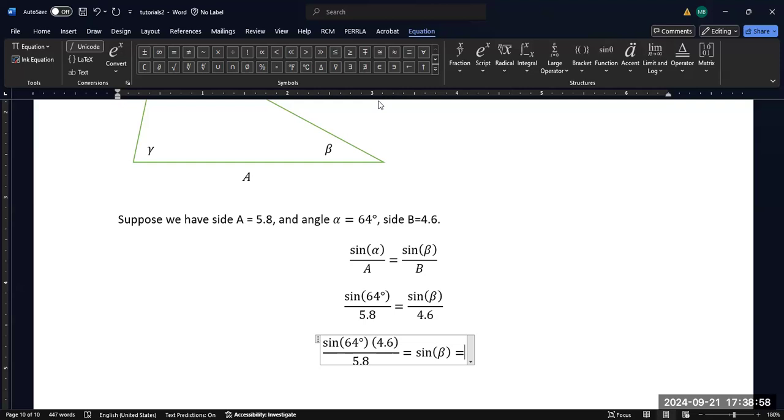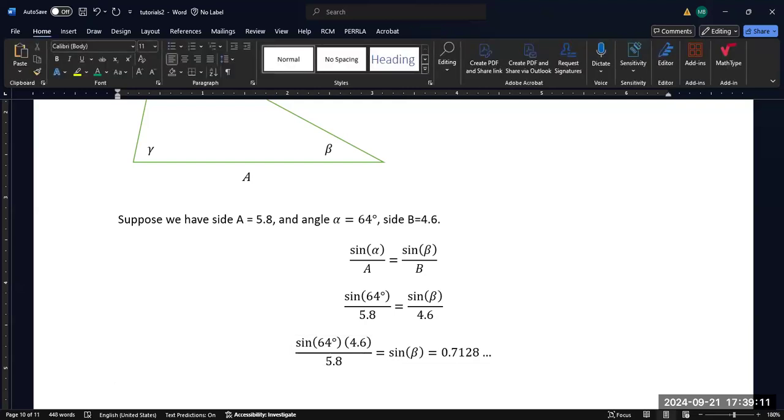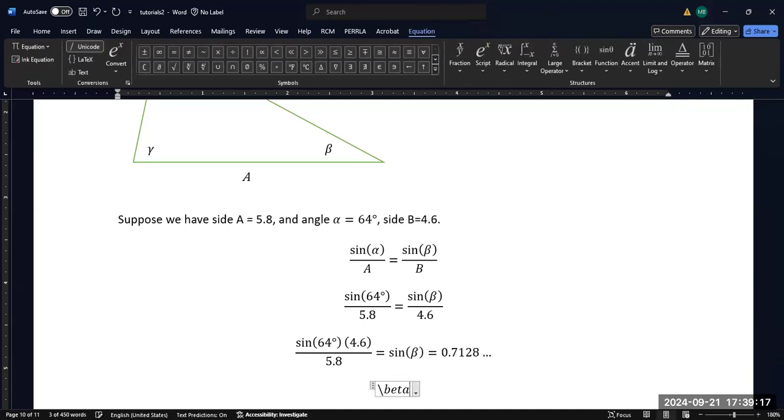And what I end up with is a sine of beta equal to 0.7128... And then I'm going to find beta by doing the inverse sine of my 0.7128... Use all the decimal places your calculator gives you to get the most accurate answer.